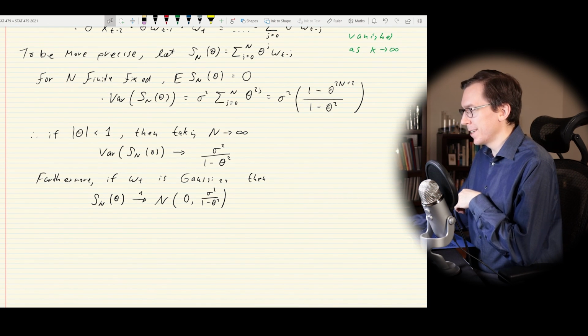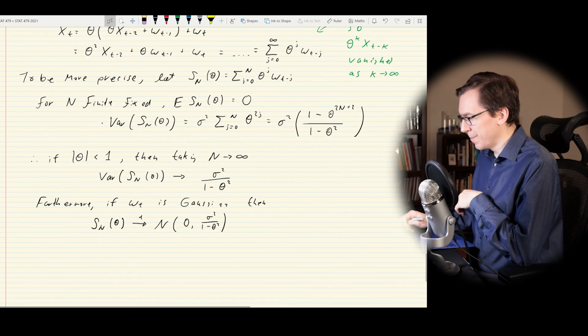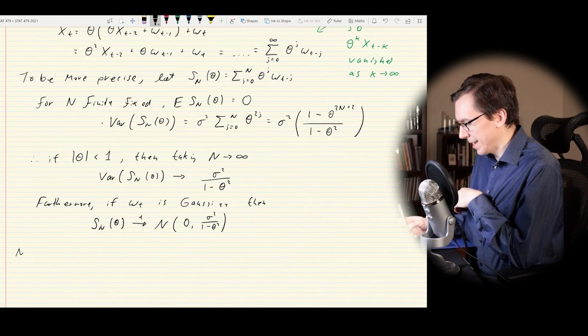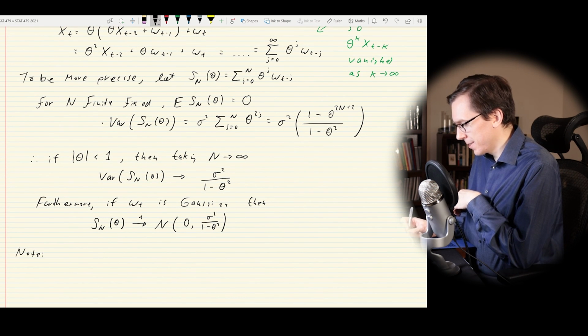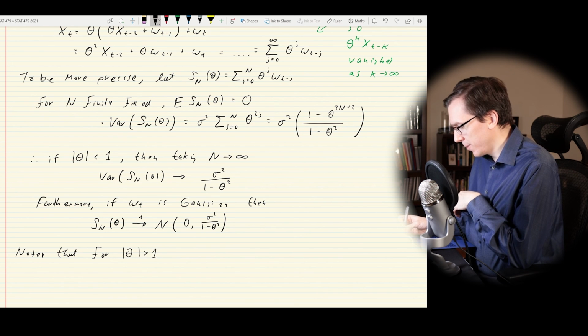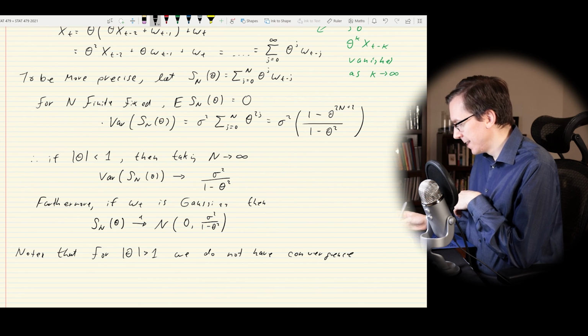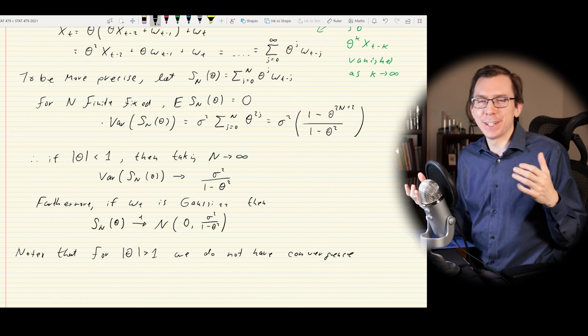So one other point of note is that for theta greater than 1 in absolute value, we do not have convergence. So typically, we don't want our coefficient to be big like that.